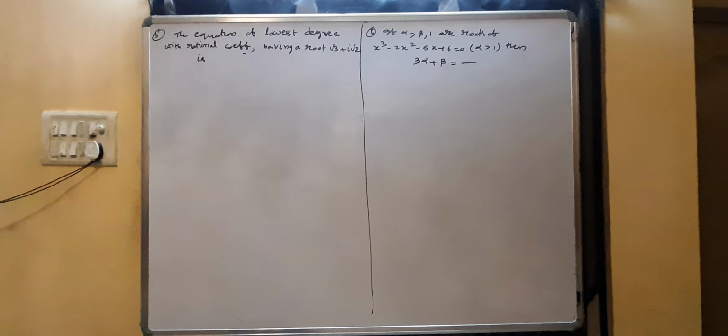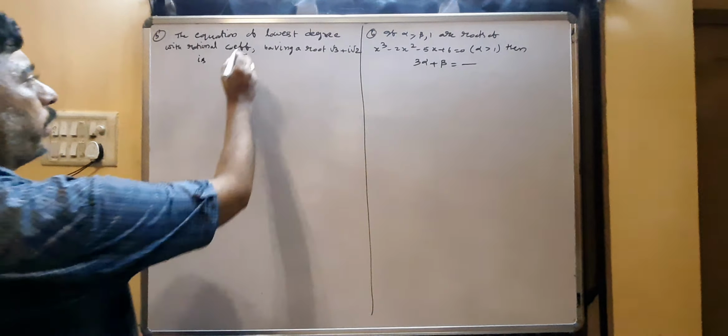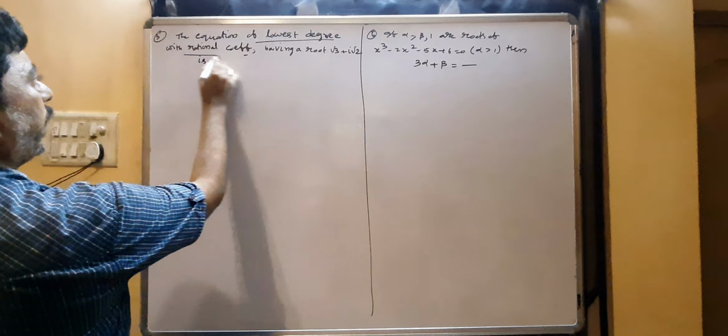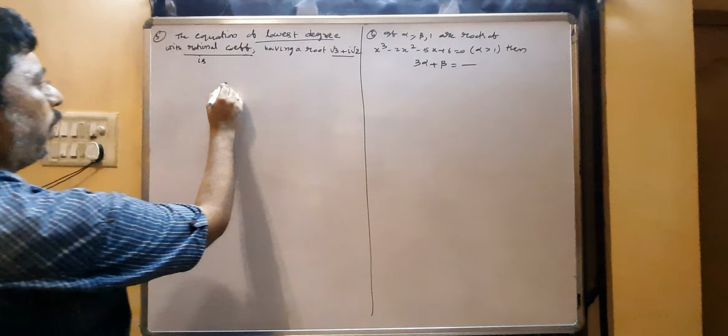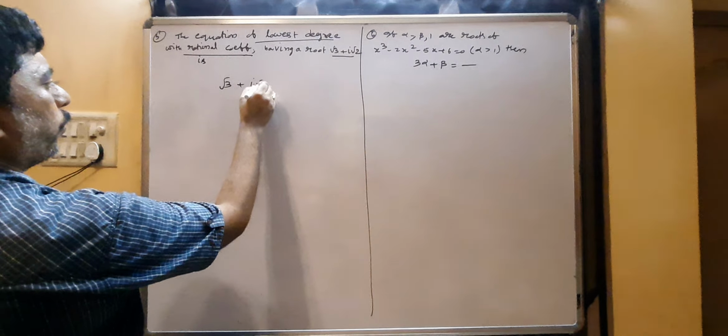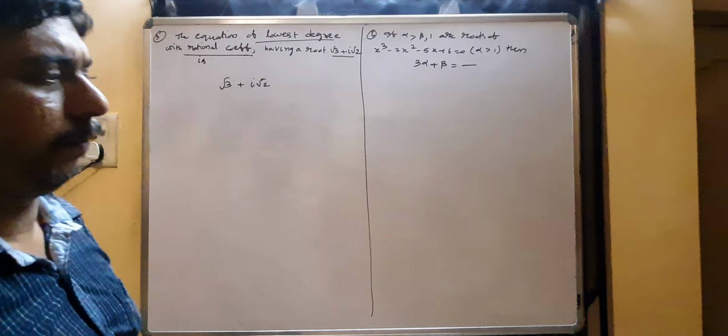Coming to next question. The equation of lowest degree with rational coefficients having the root 3 plus i root 2. Only one root is given.